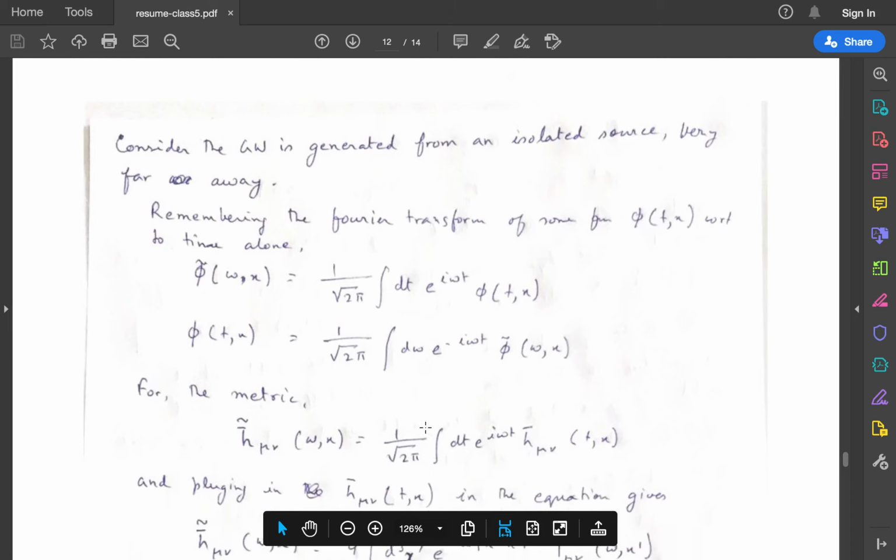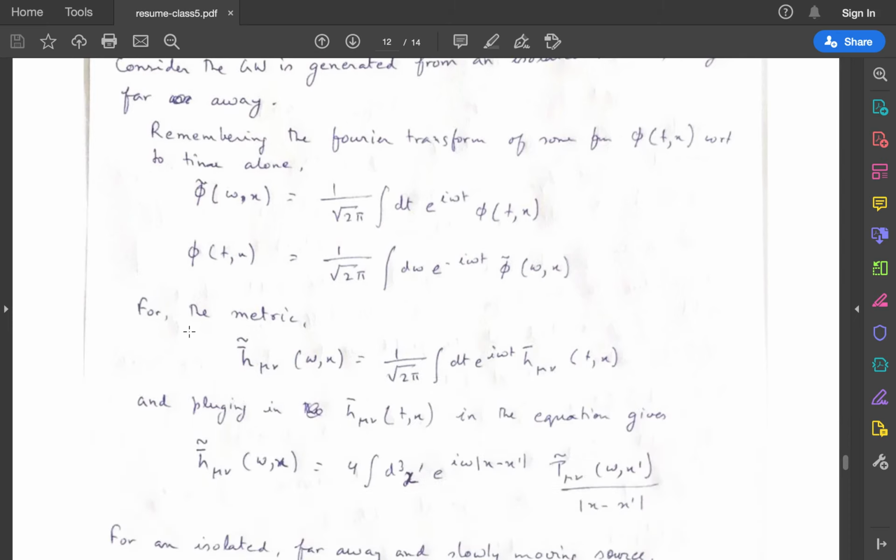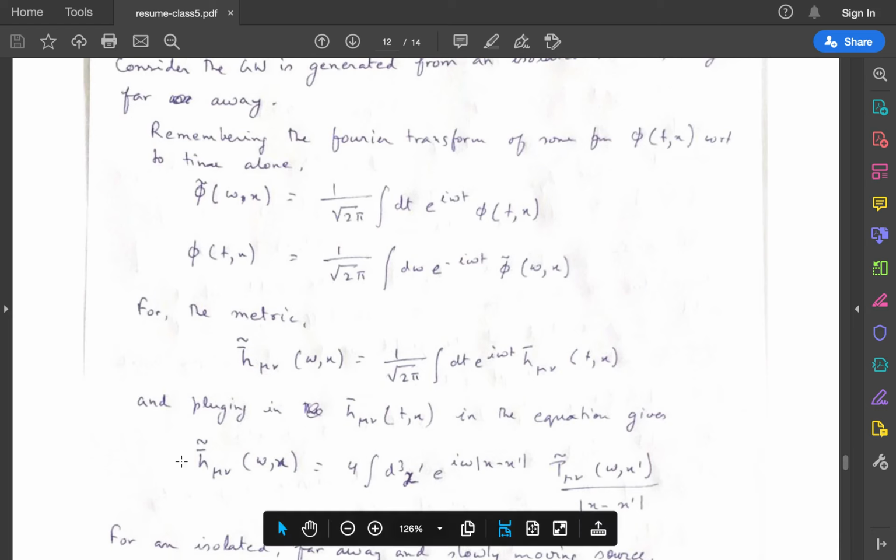Now, for the metric, instead of writing in terms of t and x, I can write in terms of ω and x. Therefore I have this tilde part, which is nothing but the integral of dt e^{iωt} h̄_μν(t,x). We know how h̄ looks because we have estimated it.